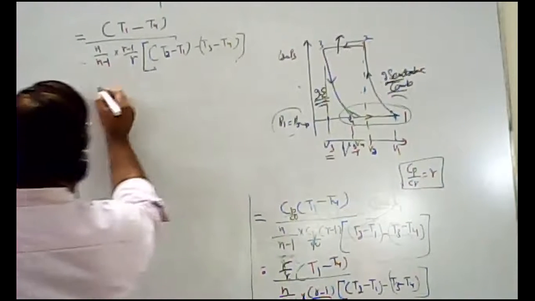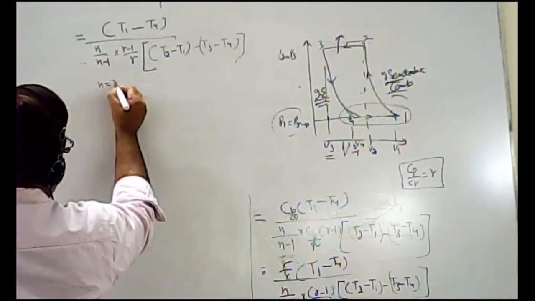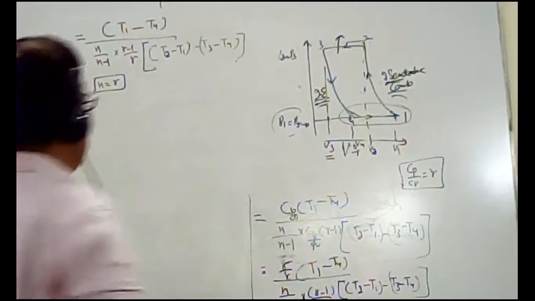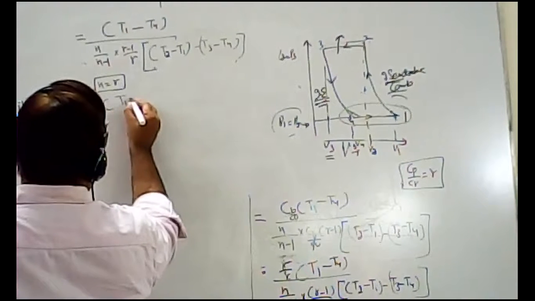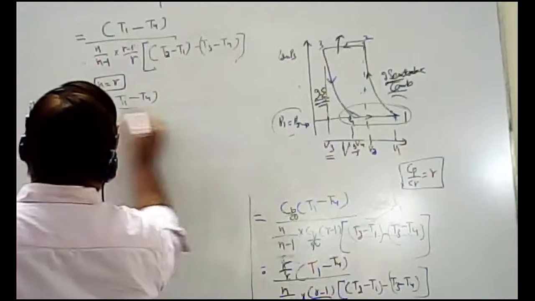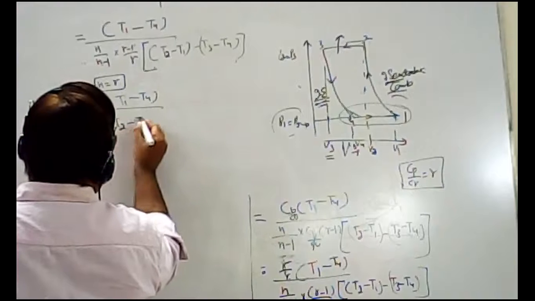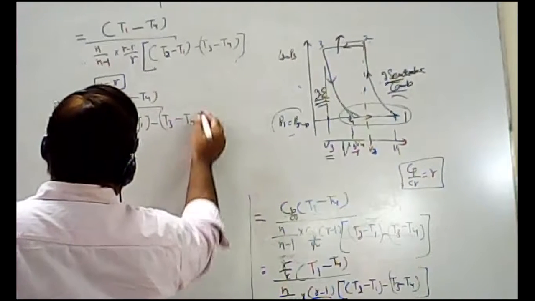Now look here. For isentropic compression or expansion, the value of n will be equal to gamma. So you can also write this equation like this. Both cancel out, these two values, and the remaining value is T2 minus T1 minus T3 minus T4.